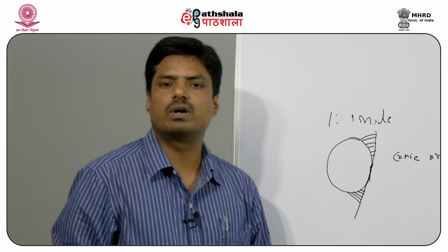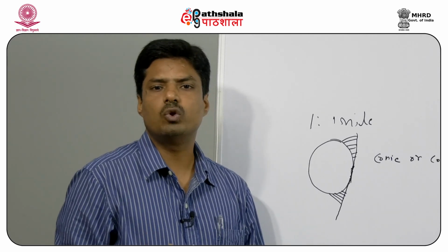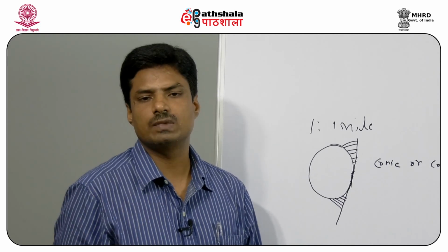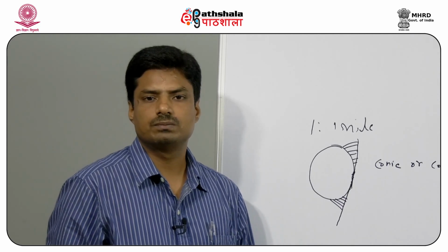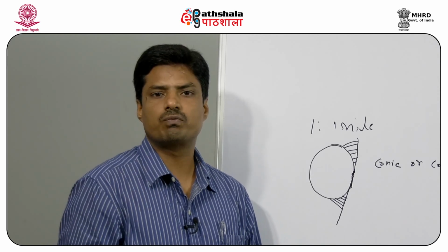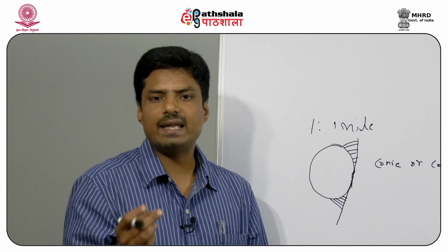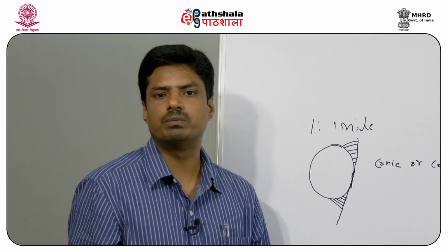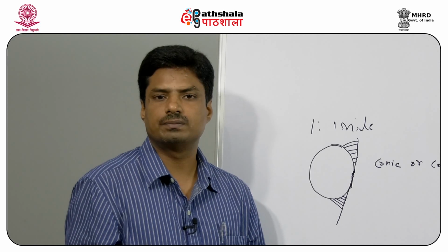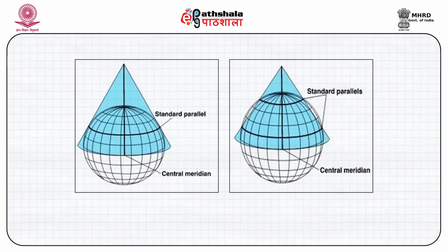When we talk about the conic or conical projection, you all know about the shape of cone. Suppose we place this cone from the top on a globe. So the area which will touch the globe will be known as the prime meridian, or will be known as the area where the scale will be true to the meridian.